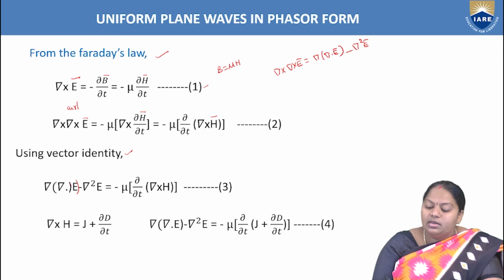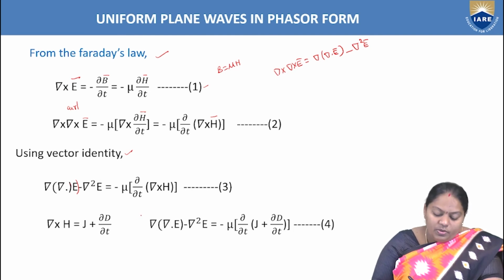Del of, meaning gradient of, del dot E bar, the divergence of electric field intensity, minus del square E, which is the Laplacian operator. So del cross E bar is given by the vector identity as del of del dot E minus del square E. Upon expanding this equation, it is minus mu into dou by dou T of del cross H bar.